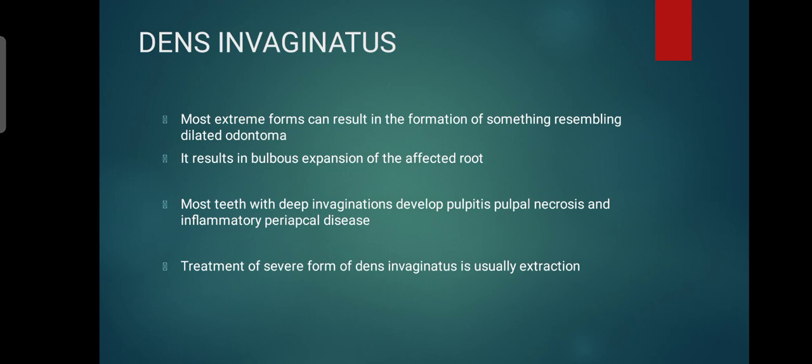As a result, most teeth with deep invagination quickly develop pulpitis, pulpal necrosis, and inflammatory periapical disease. A tooth will clinically appear to be a normal, intact tooth, but there will be an inflammatory periapical disease. Because of their altered structure, these teeth are seldom reliable candidates for successful endodontic treatment. Early radiographic diagnosis and prophylactic restorative treatment are essential if you want to prevent pulpal and periapical disease. Treatment of the more severe forms of invaginatus usually results in extraction.